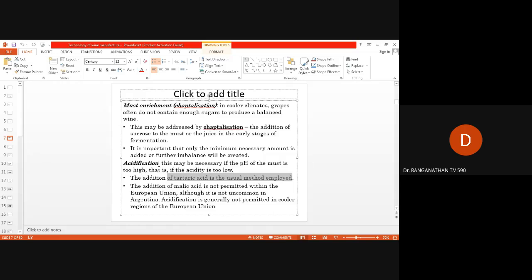As I said, the basic aim is to reduce the pH for aiding the growth of yeast. This is also necessary if the pH of the must is too high, in the sense that acidity is less. So this is to increase the acidity or bring down the pH to ensure selective growth of yeast over the other microorganisms.